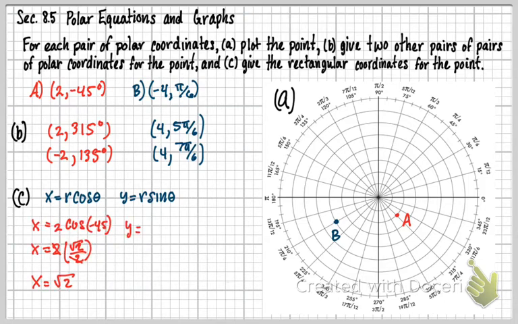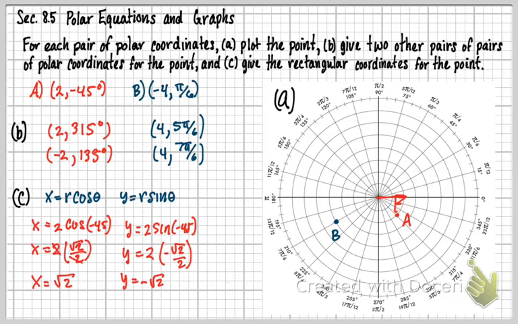So y equals, and my r is 2, and the sine of negative 45 degrees. And we know that sine of negative 45 degrees is negative, because that's in the fourth quadrant and cosine's positive there. So this is going to be y equals 2 times negative square root of 2 over 2. So this turns out to be y equals negative square root of 2. Which, think about this, that kind of makes sense. I'm going to go root 2 in the x direction, and then down root 2.